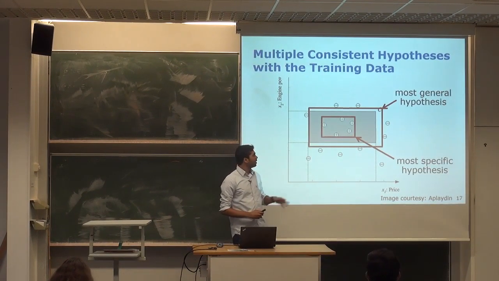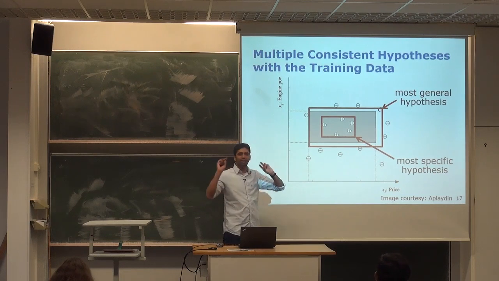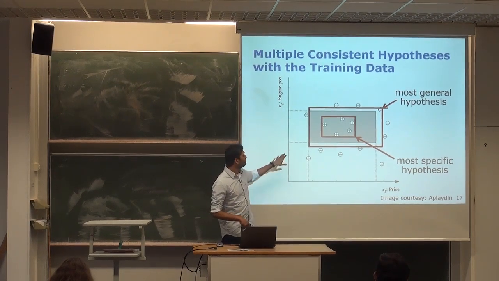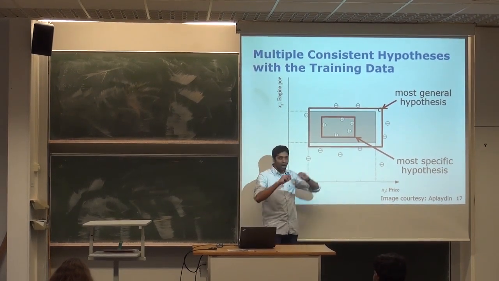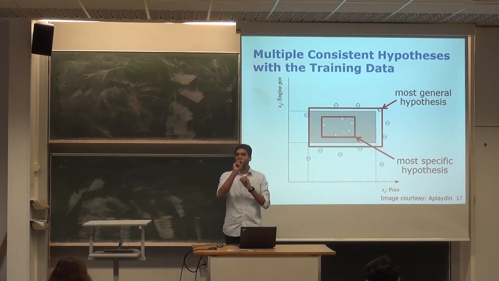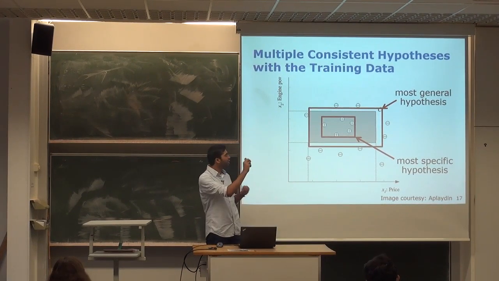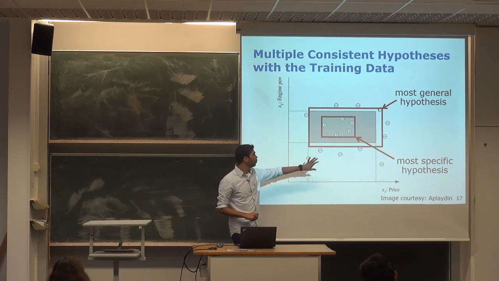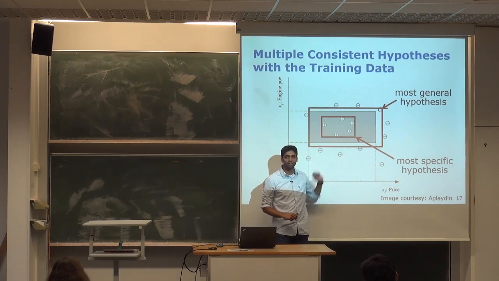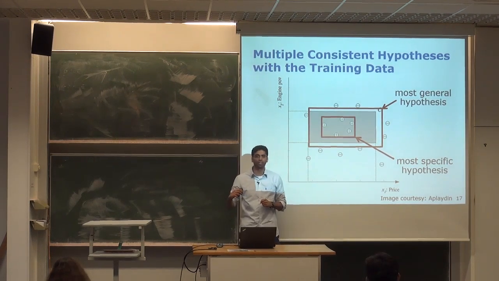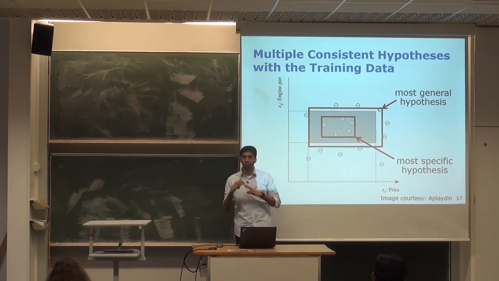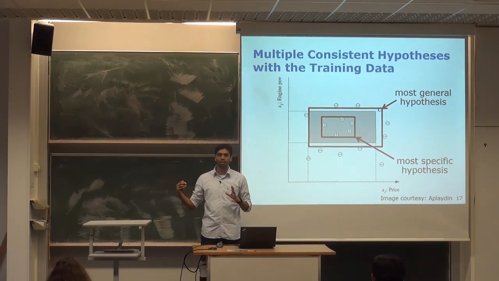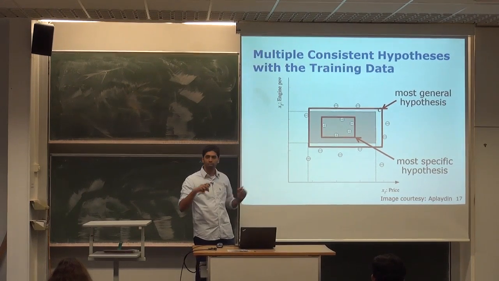And there are two boxes, let's say, which are special boxes. The one which is towards the most outer boundary: if you move this box any wider or any taller, you would end up making a mistake in your training data itself. This is often called the most general hypothesis, or in this case, the most general box.